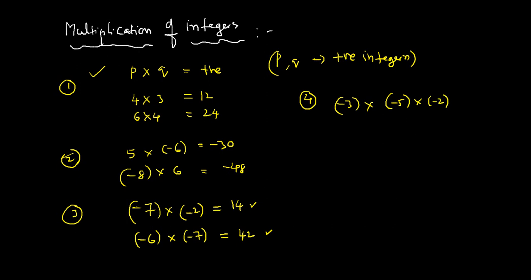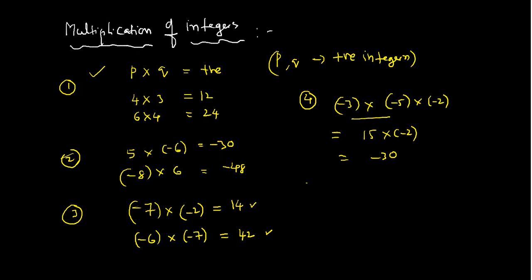Here 5 threes are 15, 15 twos are 30. The product of two negative integers is positive, so that is 15 into minus 2, which becomes minus 30. So the product of three negative integers is negative.